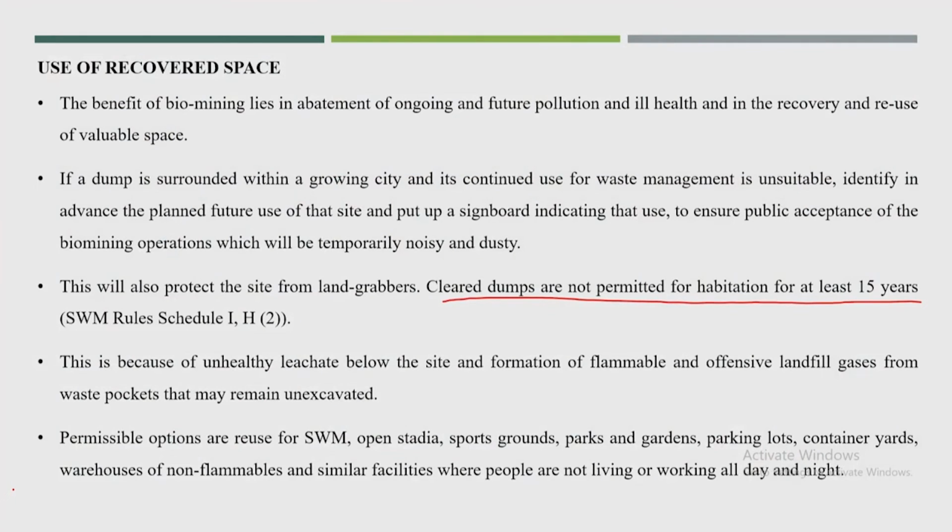So, what could be the permissible options? What could be done on that particular site for at least 15 years? You can have some park or gardens or even parking lots in that particular area, okay.